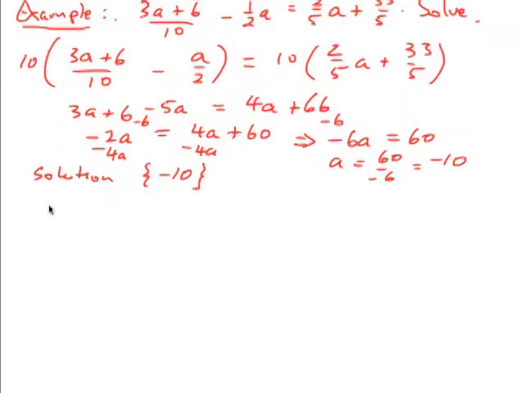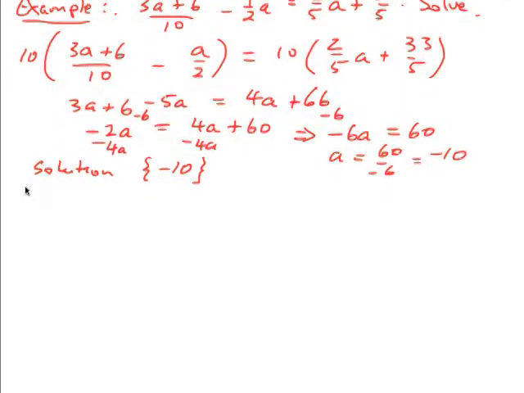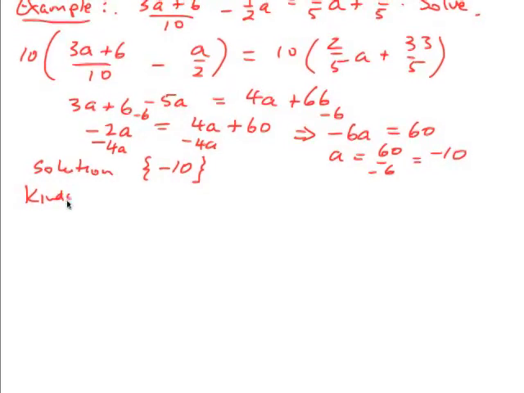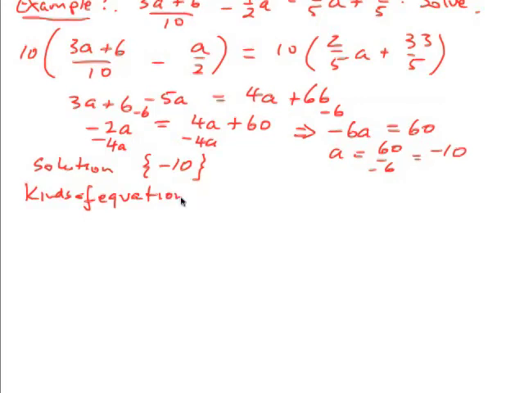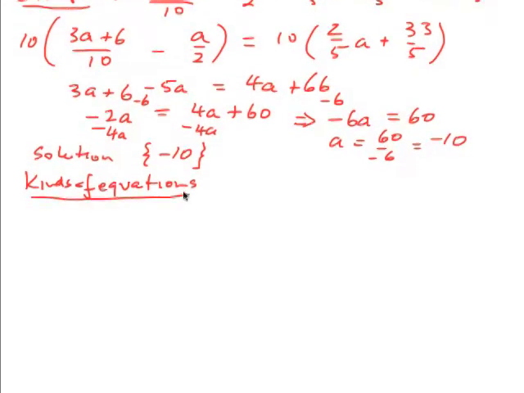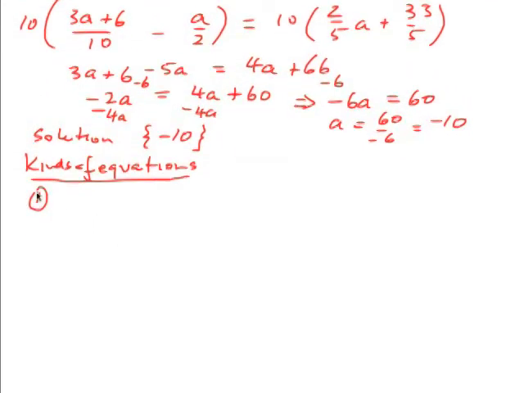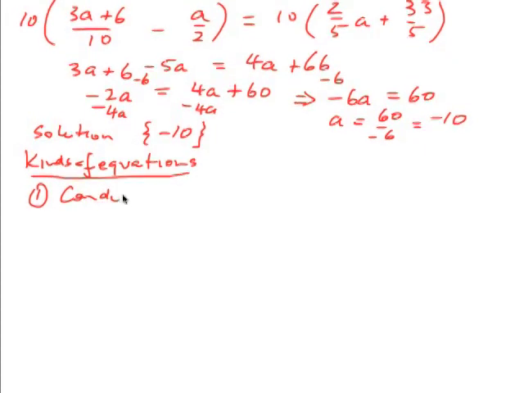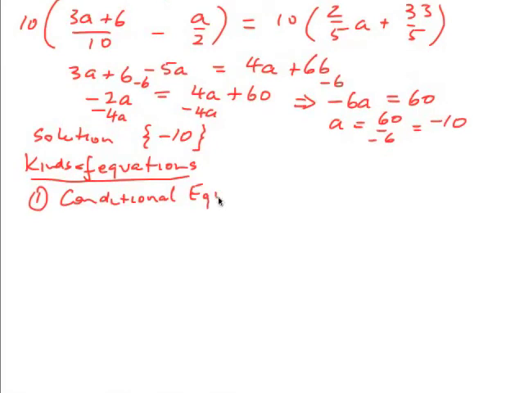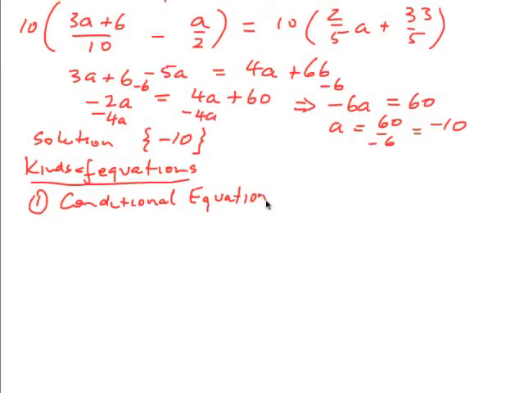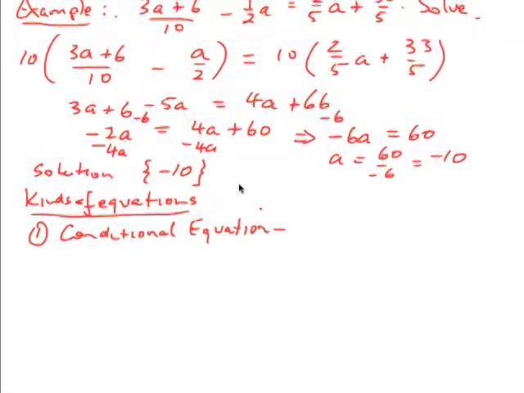Now there's a number of different kinds of equations, so let's talk a little bit about that. The ones we've just done above are what we call conditional equations. The reason they're conditional is that they're only true based on a certain condition.